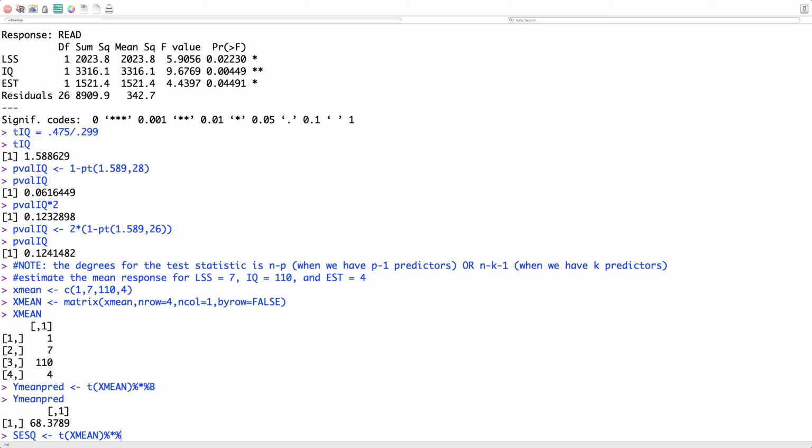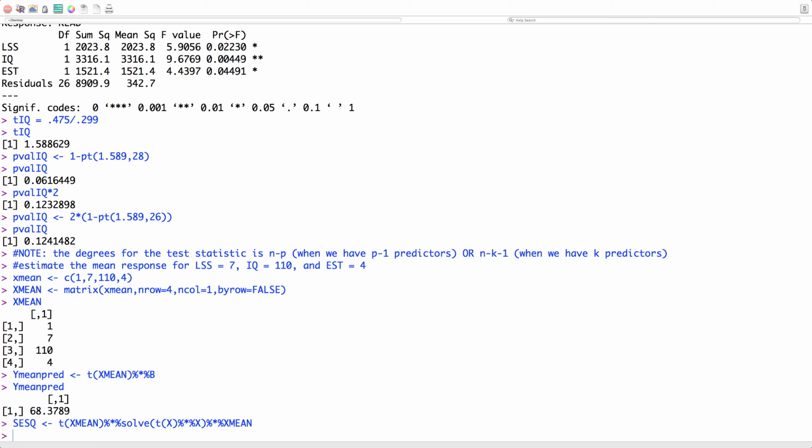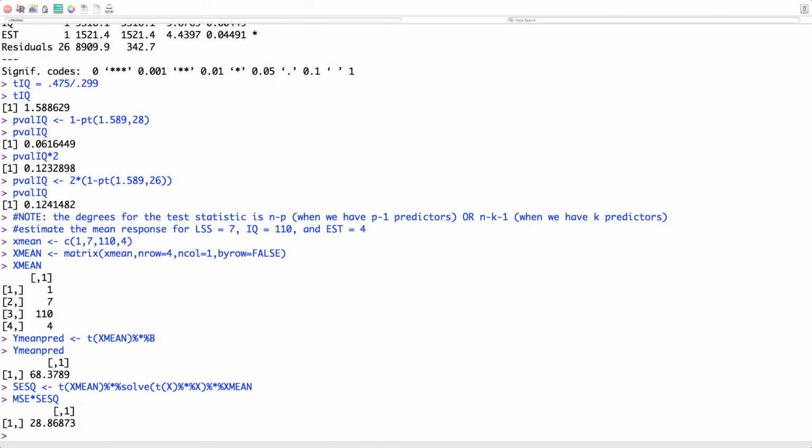Times now I need to go solve x transpose x, and then I need to go times x mean. So then I need to take SESQ. No, it's not going to do this. Let me do the mean square error times SESQ. Oh wow, it actually did.